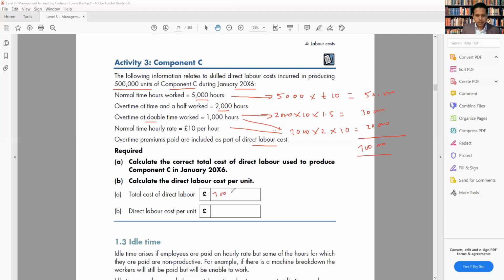And they asked per unit, so all I need to do is divide by 500,000, the total units. That will give you the cost per unit, which is 20 pence. Thank you, Sharon. That's it. Any question from here?